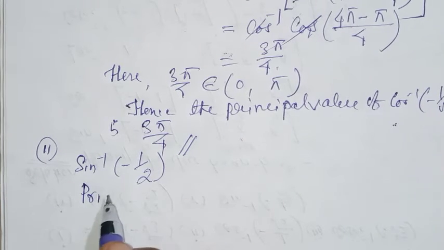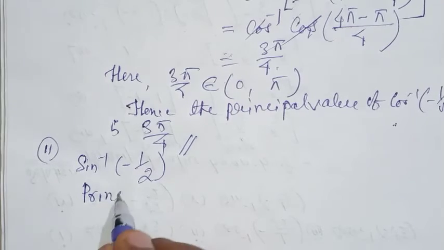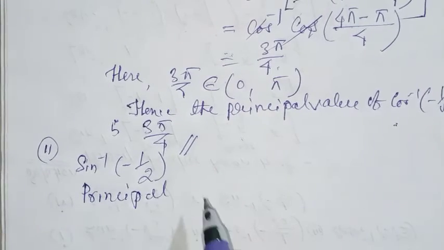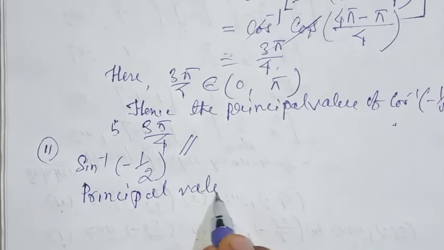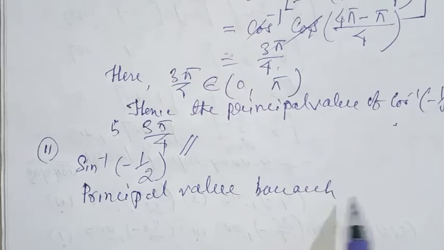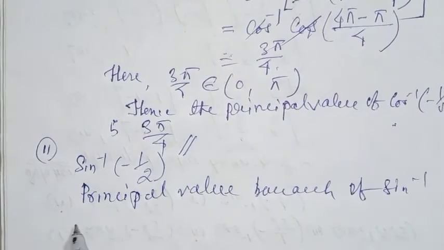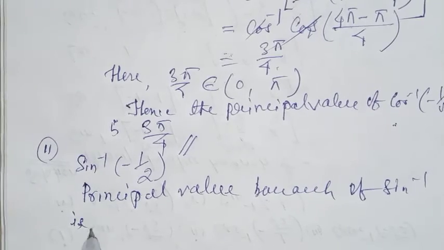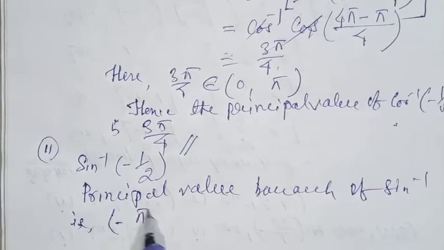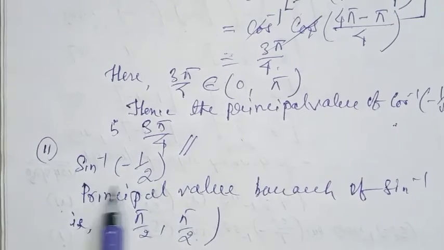What is the range of sine inverse? That is minus pi by 2 to pi by 2. This value must come in between these two values, otherwise wrong.